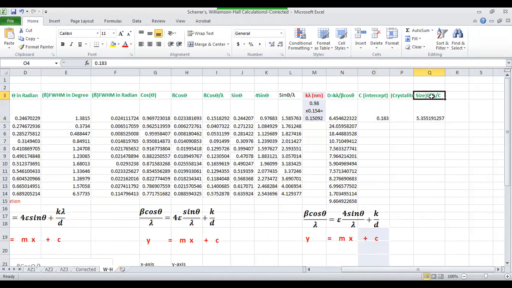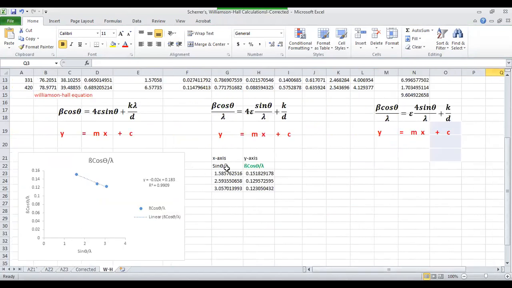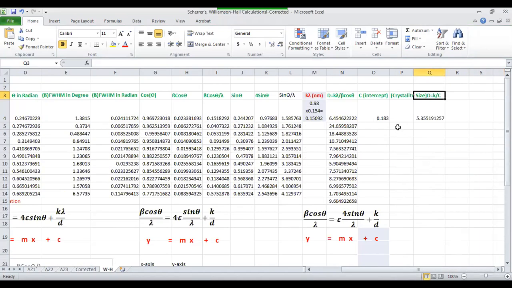And then what would be the value of d? Because we have plotted beta cos theta over lambda against sine theta over lambda, your intercept is k over d, and the crystallite size would be k over c, where c is the intercept. You have to divide the k value.